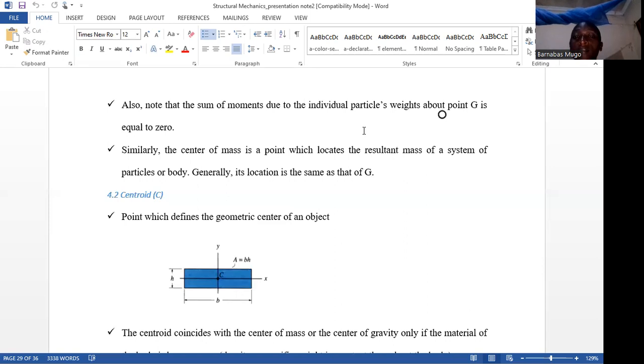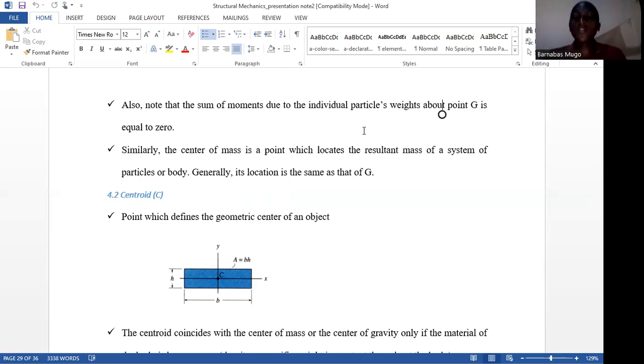Generally, it is located at the same place as G, meaning that the center of mass will generally coincide with the center of gravity. But generally, the center of mass is the point at which the resultant mass of the system or body seems to be acting, or is located.